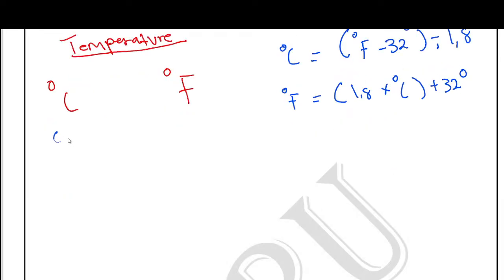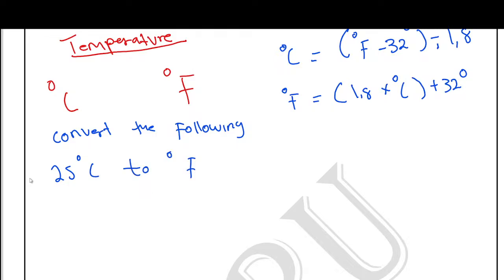It says convert the following. Number one, you convert 25 degrees Celsius to degree Fahrenheit. Then number two, I want you to convert 10 degrees Fahrenheit to degree Celsius.